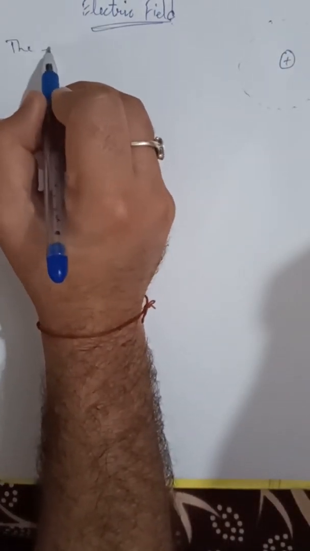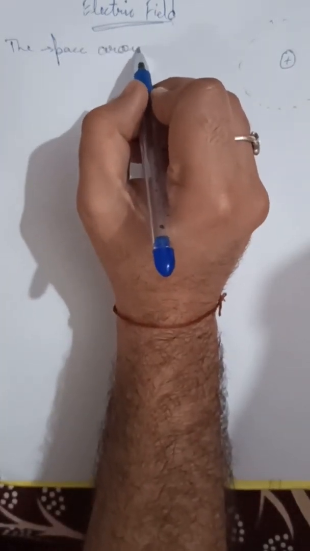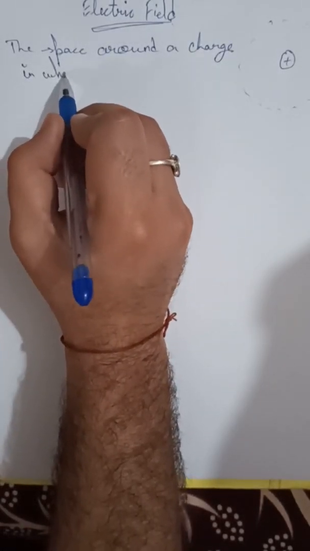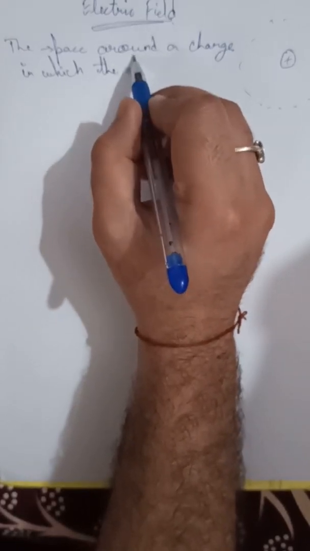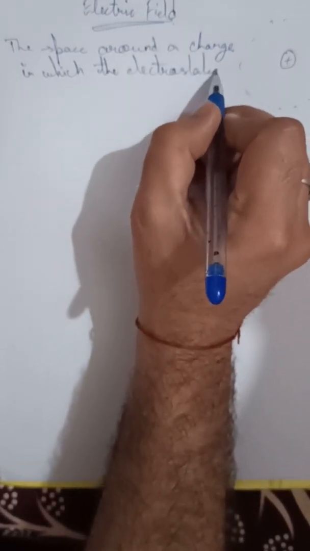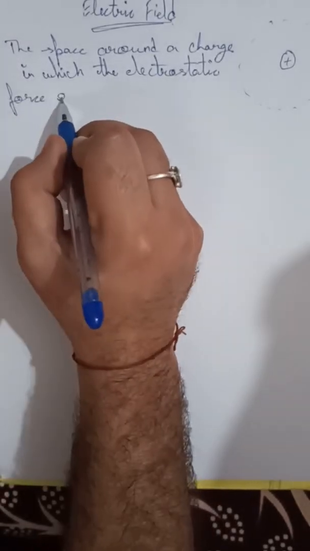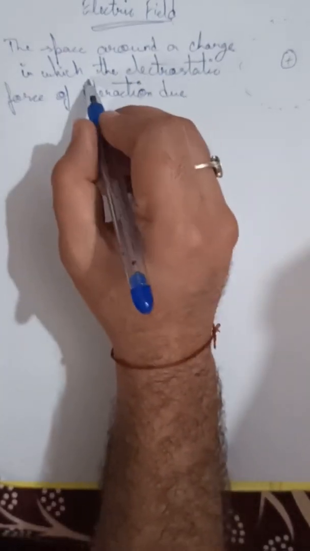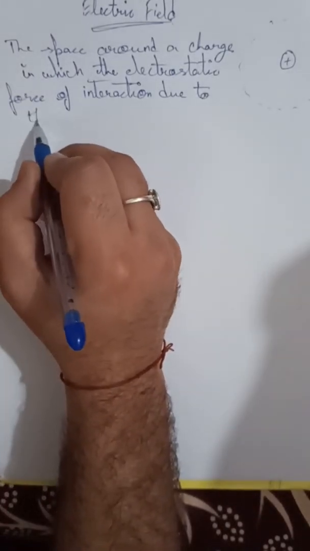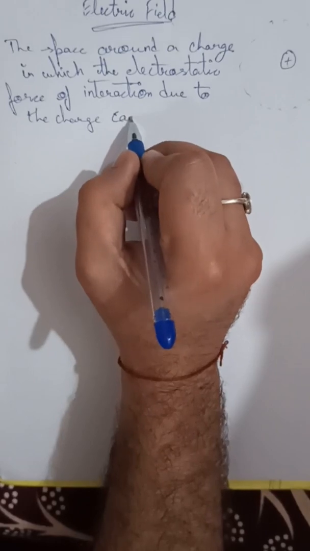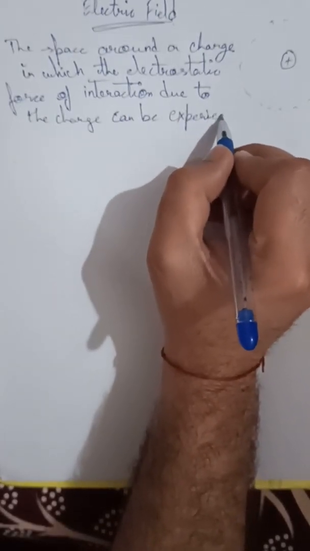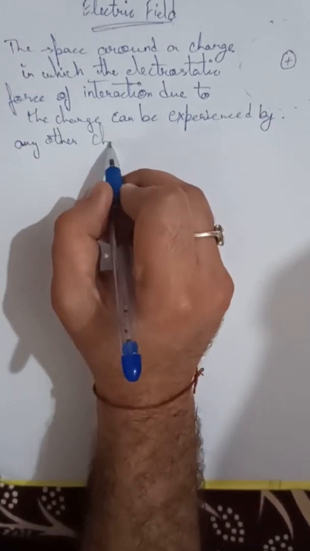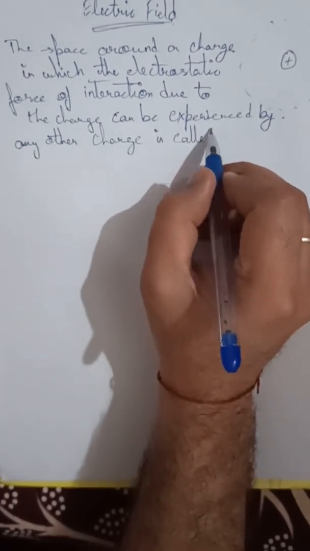So the definition: the space around a charge in which the electrostatic force of interaction due to the charge can be experienced by any other charge is called electric field.